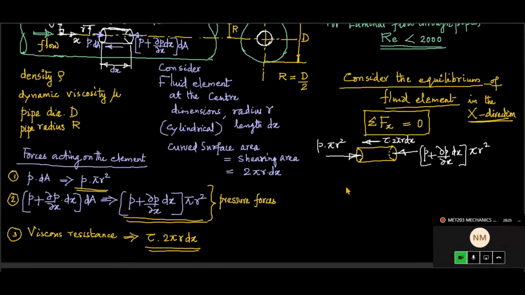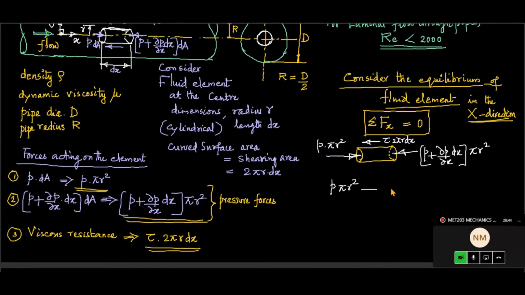So now you establish what sigma Fx is. Simple thing. P into pi r squared, considering the direction pointing horizontally to the right as positive. So P into pi r squared is in the positive x direction.